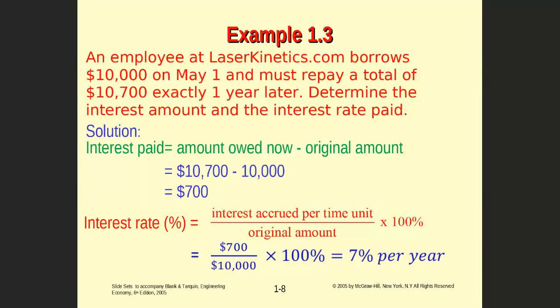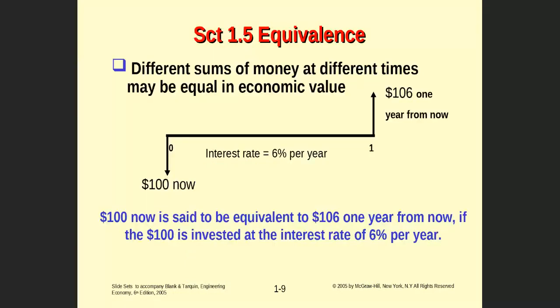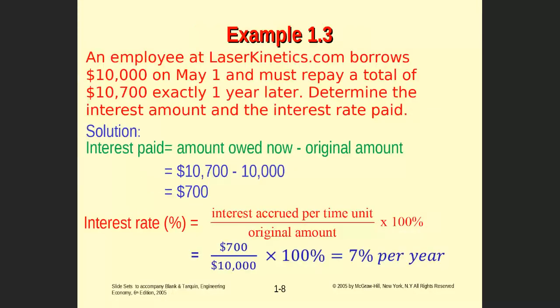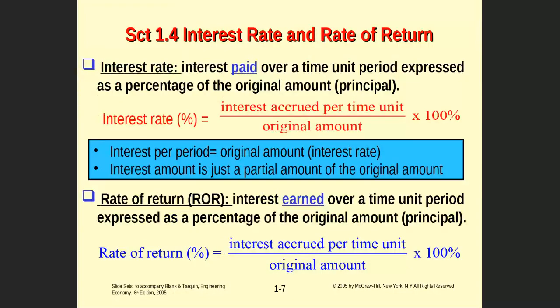At the end, it explained the equivalence of the value of money over time and how it is calculated. Today, we will solve examples about the interest amount and interest rate, and answer any questions regarding part 1 of chapter 1.